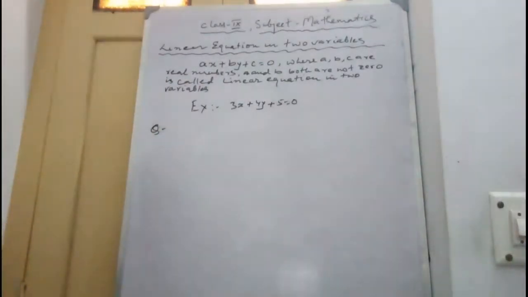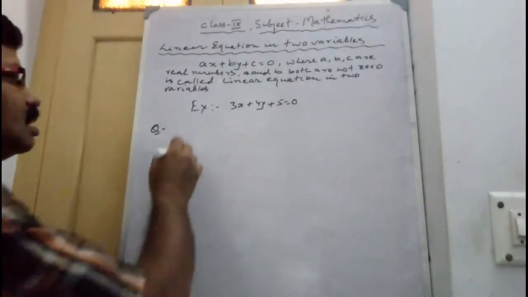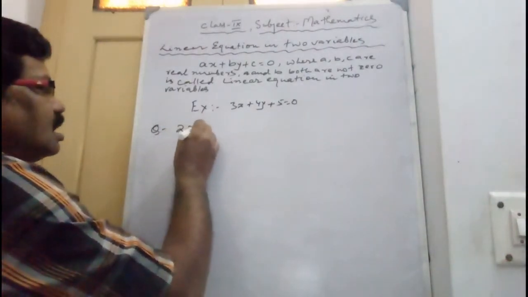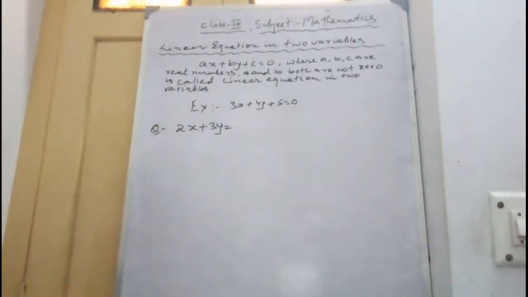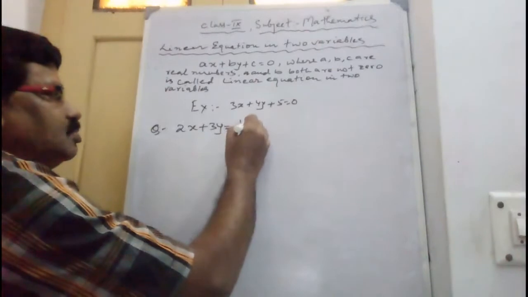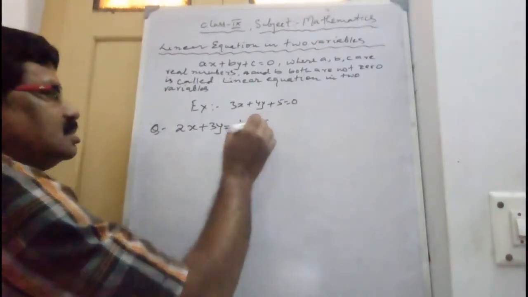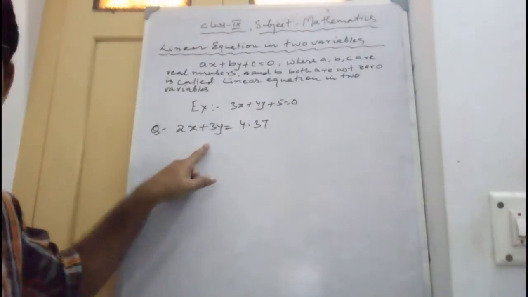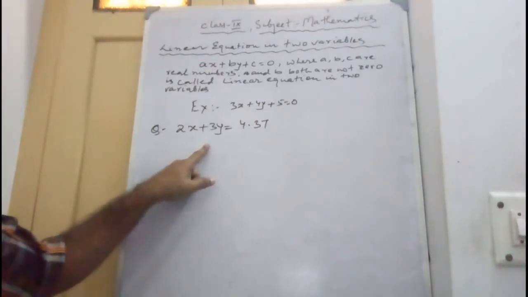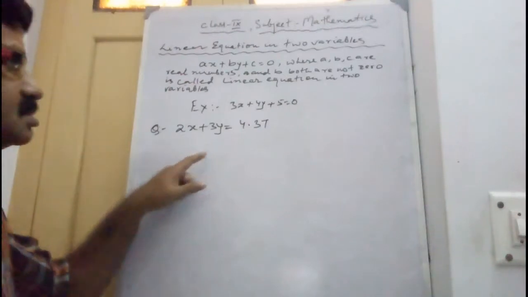Now question: 2x plus 3y equal to 4.37. Now from this question you have to find the value of a, b and c.